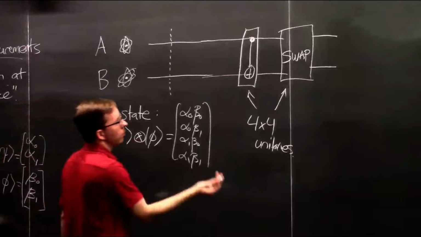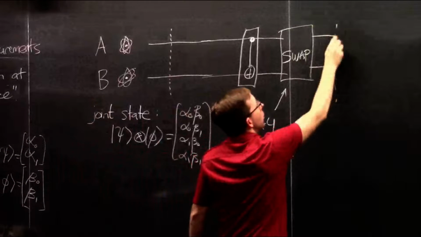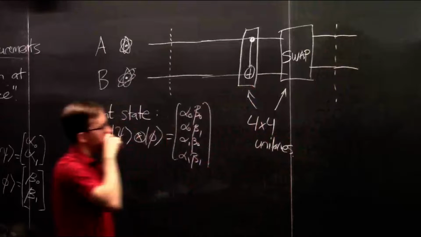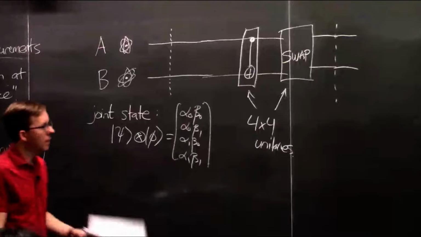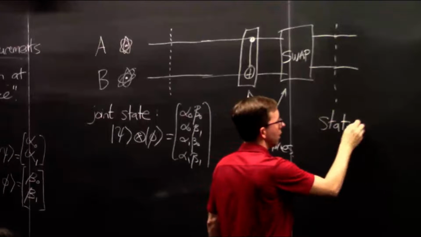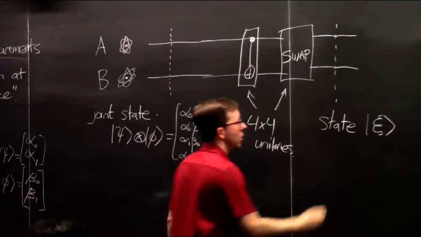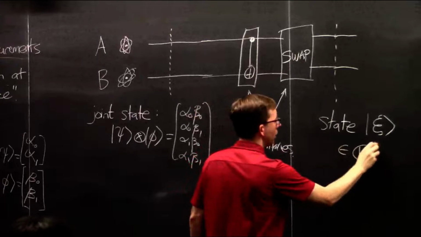And you get the resulting state here by multiplying the incoming state by the appropriate unitary matrix. So let's say the state here is something, I'll just call it xi, which is a unit vector in 4 dimensions.